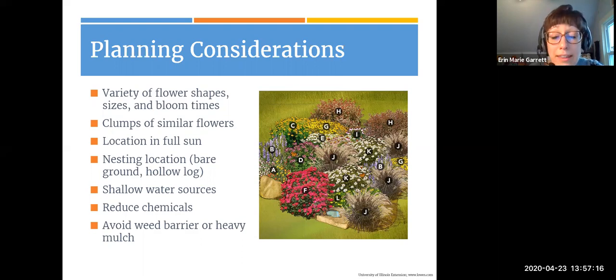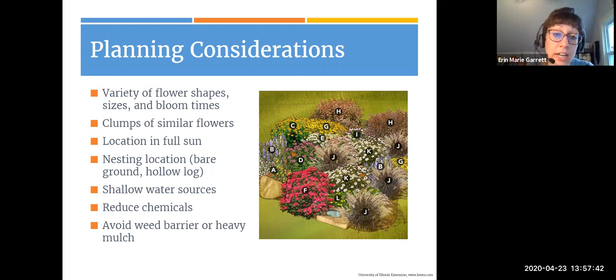And one way that you can kind of have mulch control without mulching is if you do plant these really large clumps of flowers, the way that they grow, they're going to cover the ground and prevent weeds from growing, but still allow there to be bare ground underneath them that's not mulched, that acts as a nesting location, okay?